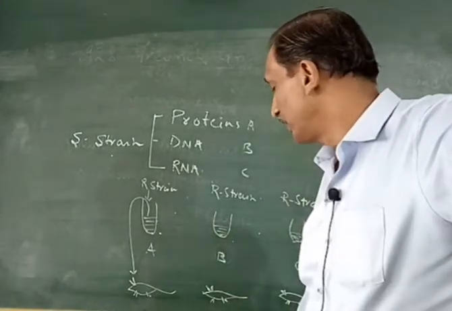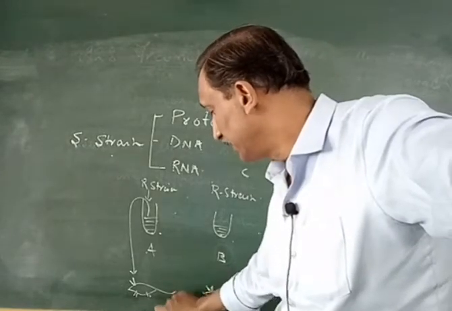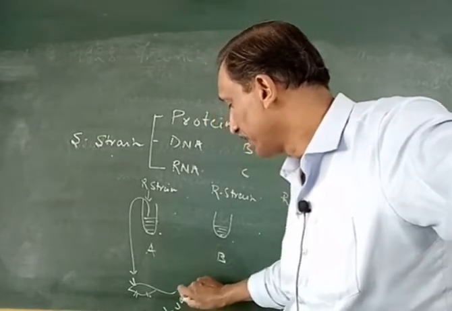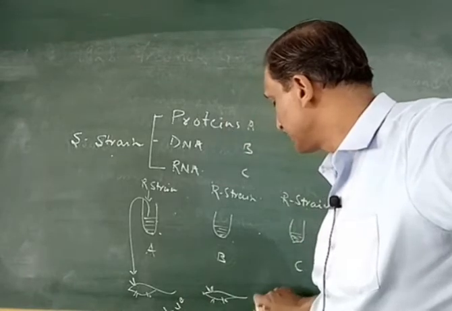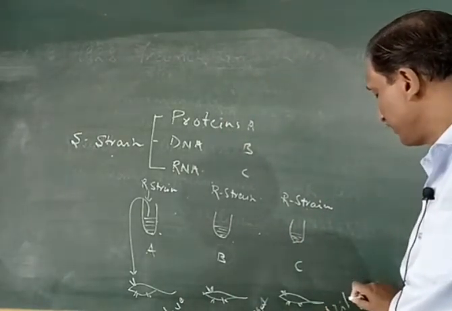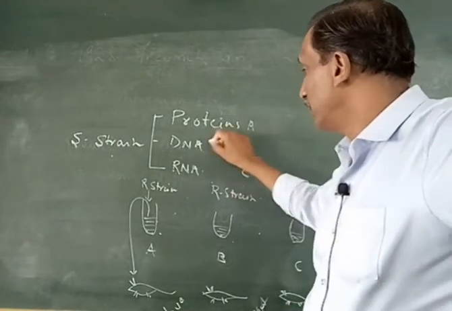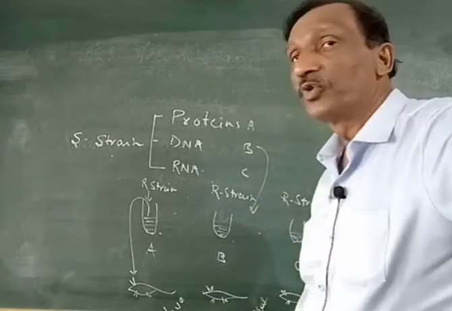They wanted to know what happened. Here the rat doesn't die, it remains alive. Here the rat dies, and here the rat remains alive. So that means only the DNA causes the transformation.